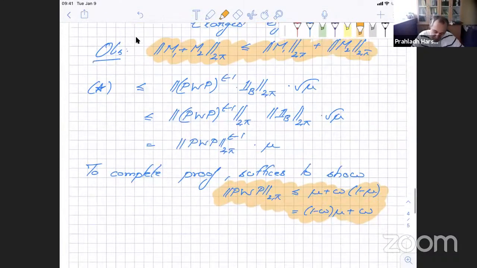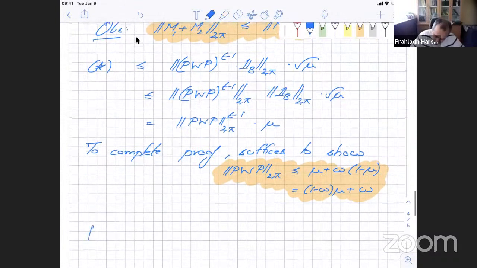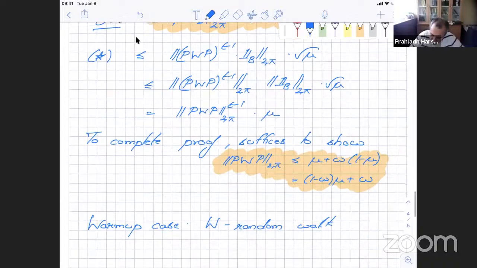So let's start off with a warm-up case, when W, the random walk, is independent. That is, it's not a Markov chain. You just pick each vertex independently according to the stationary distribution.